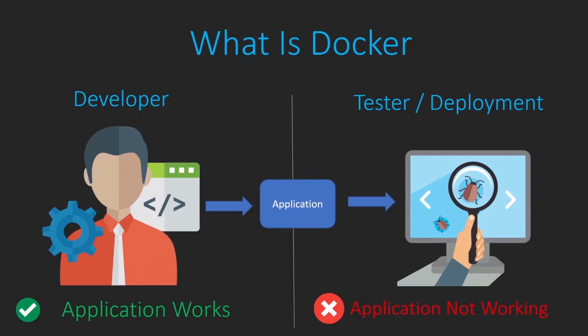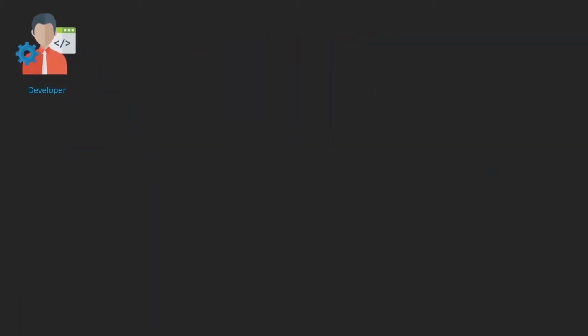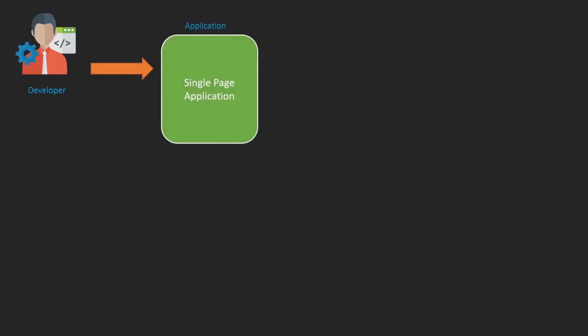So with Docker, let's imagine the developer makes a single page application. The single page application is done using Angular with .NET as a backend and MongoDB as a database. So these are the dependencies for developing the single page application.